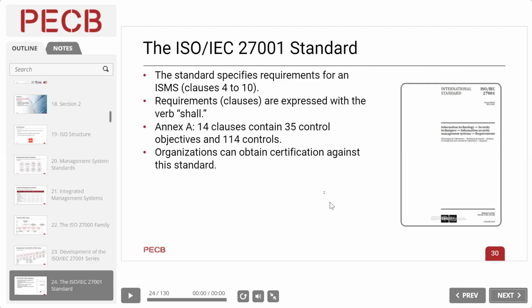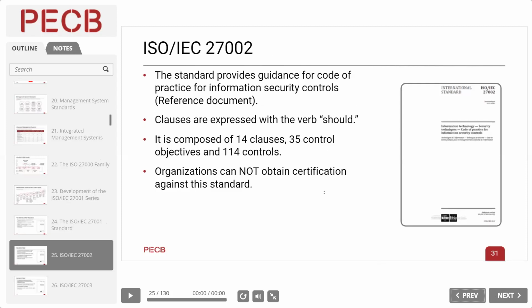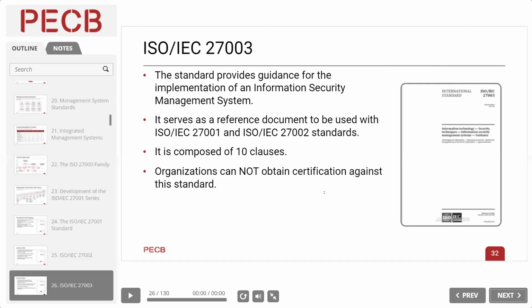Since Ghana is a signatory to ISO, it is the Ghana Standards Authority that represents us as a country at the ISO level. All the standards, you can buy on CDs from the Ghana Standards Board. So this is how the documents look.